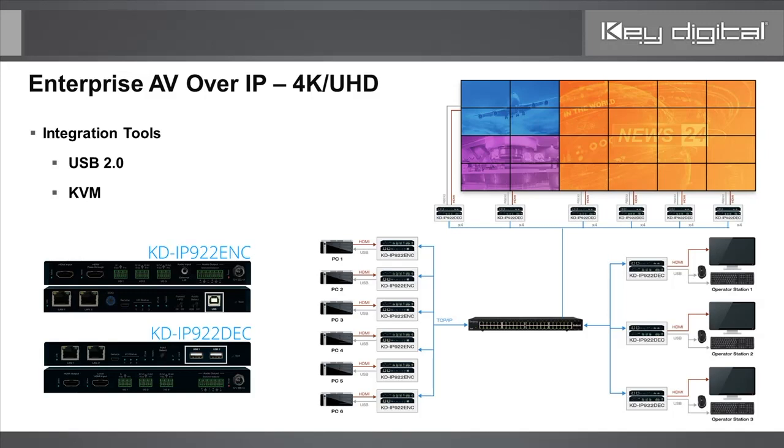You have 3 operator stations, where each operator is able to view a source, but also through keyboard and mouse control can manipulate data or content in any of those 6 sources, encoders. Now the USB will always follow the selected video routing. If you need a totally independent USB for KVM or other, you'll have to add a decoder to your system.